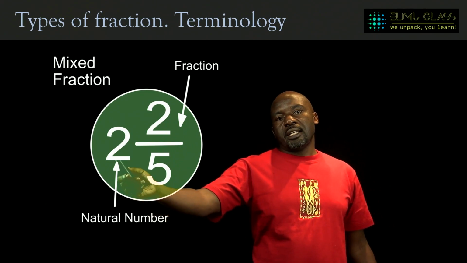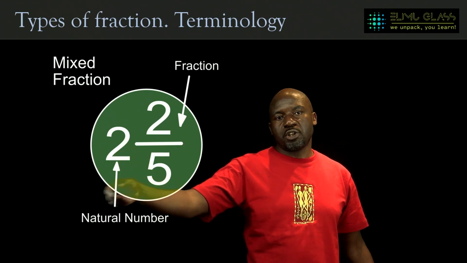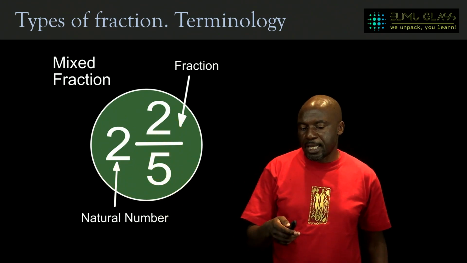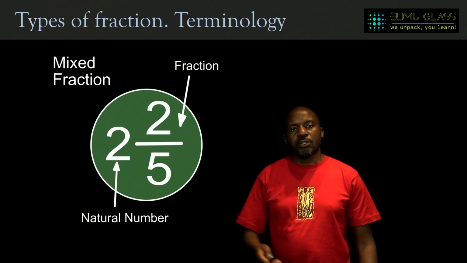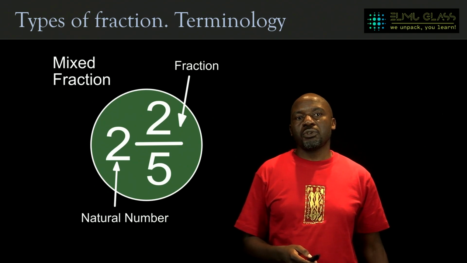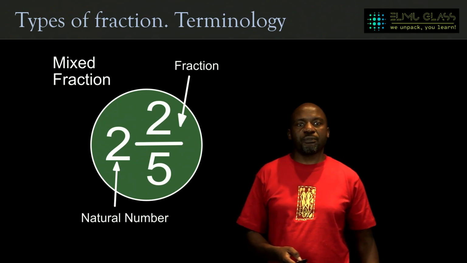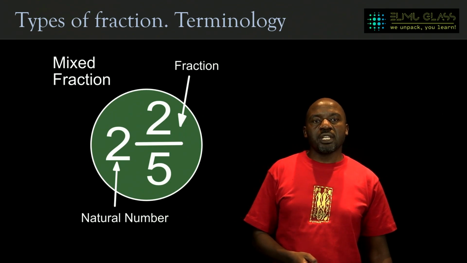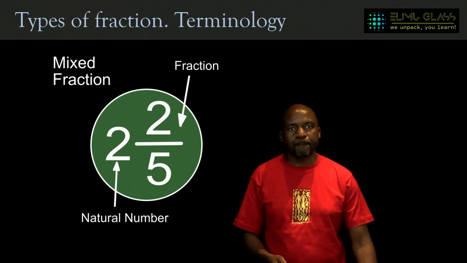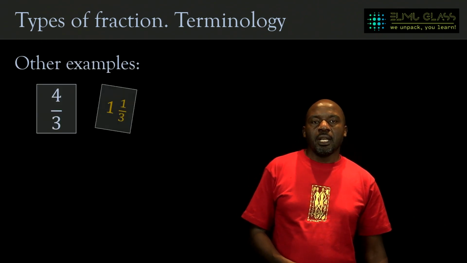Normally when we write this, students tend to think that there is a multiplication sign between the 2 and 2 over 5. The reality is that it is actually a plus, as we will see shortly. So when we write 2 and 2 over 5, that means 2 plus 2 over 5. This is called a mixed fraction, and we can produce a mixed fraction from an improper fraction, as we will see shortly.